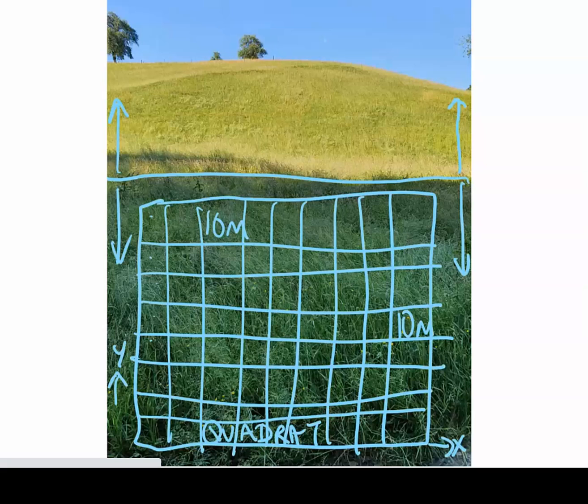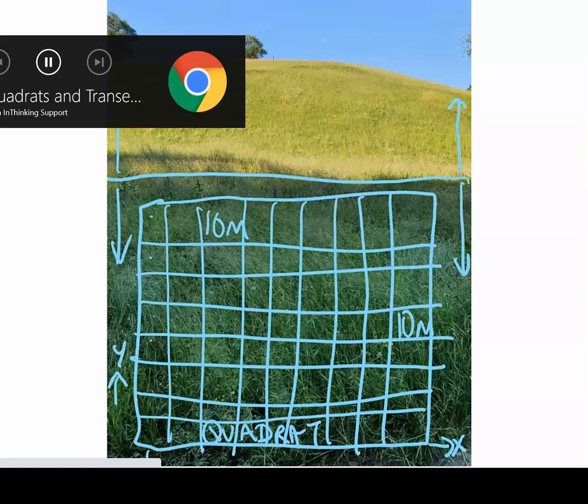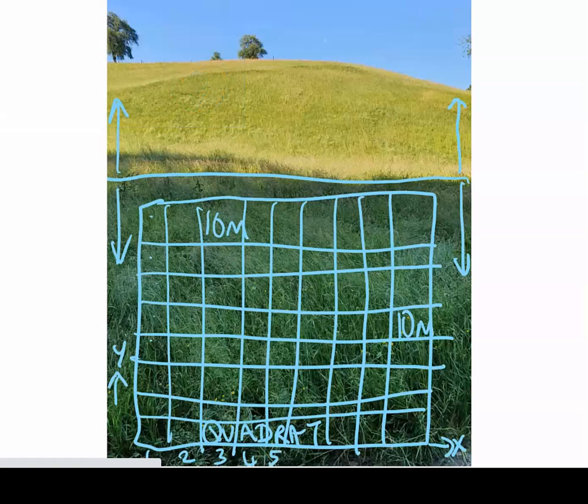And then what we need to do is use random numbers for this grid, and we use the x-axis for one set of coordinates, and then we use the y-axis as another set of coordinates.